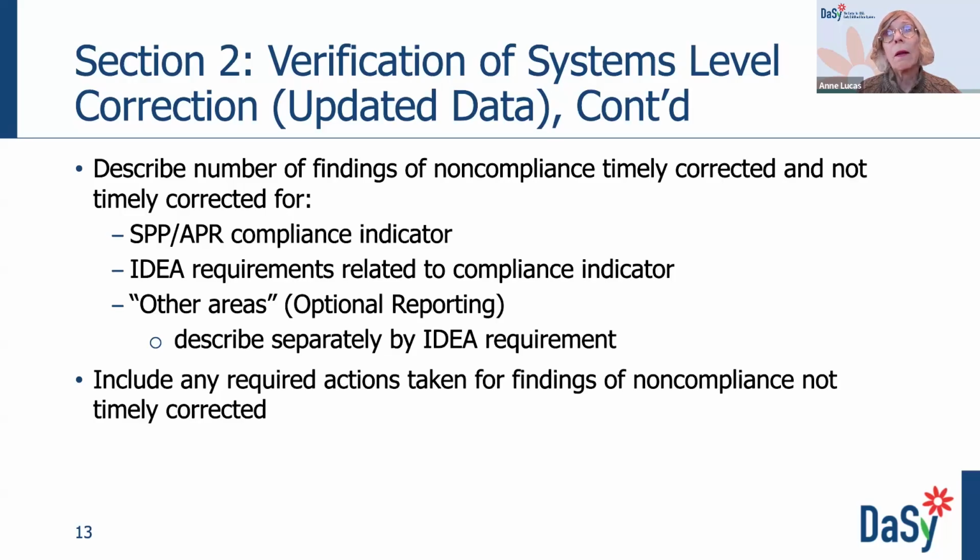And then over in the optional area, do it separately by IDEA requirement. And then if there are any particular items, requirements that were not timely corrected, describe very briefly any required actions that were taken to help ensure subsequent correction as soon as possible.